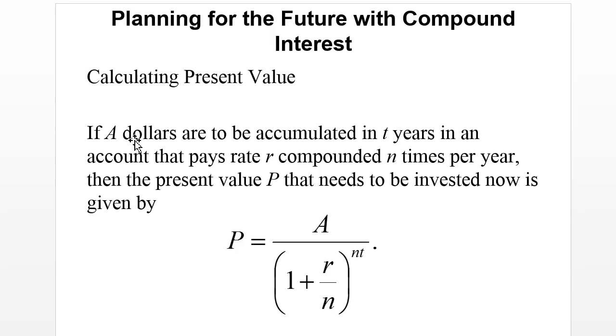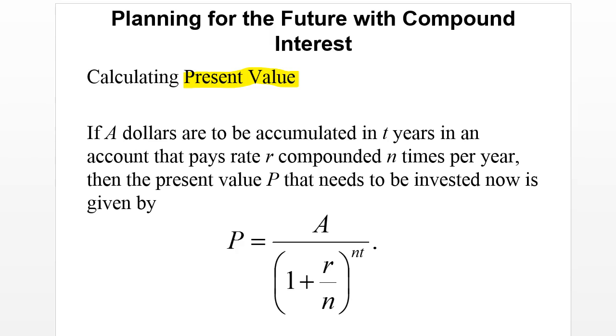What's the present value? What would it take to put in the bank right now into a specific account that's going to just grow at that rate, indefinitely, to be worth $60,000 or whatever it would take to put them through college in 10 years? That's what this formula is for.